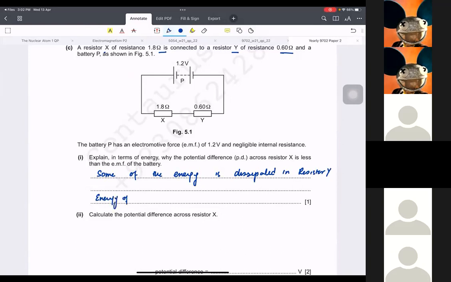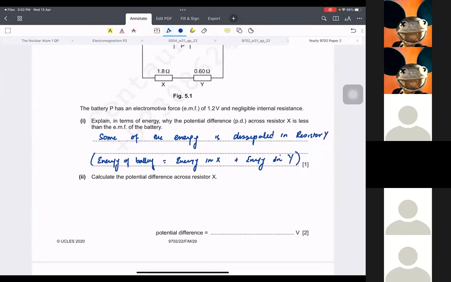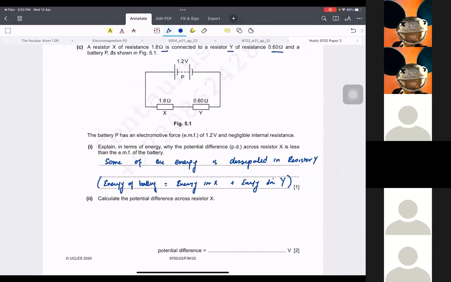Energy of battery should be equal to energy dissipated in X plus energy dissipated in Y. So it should be some equation like this, right? So of course, X would not get the total. Then calculate the potential difference across X.